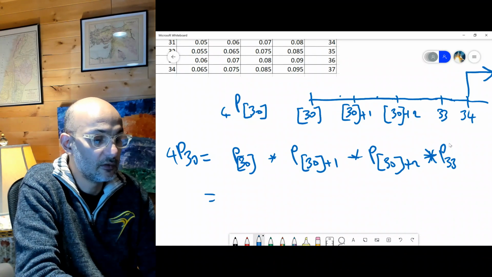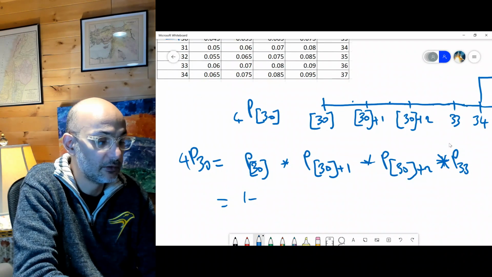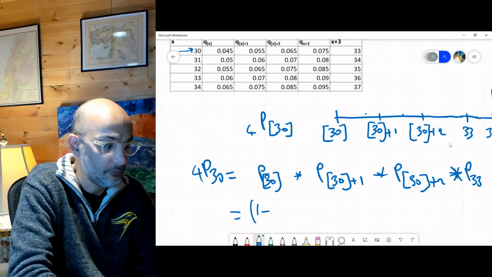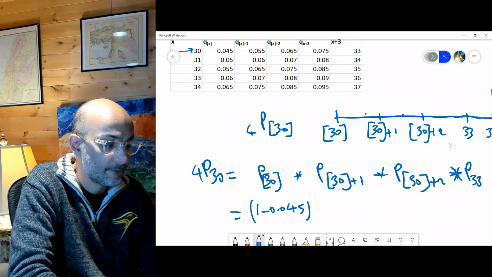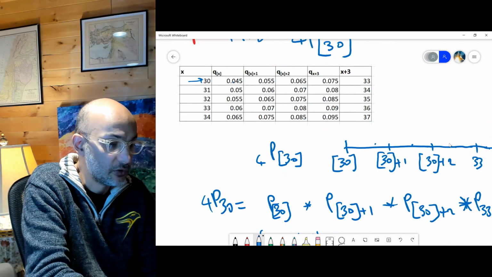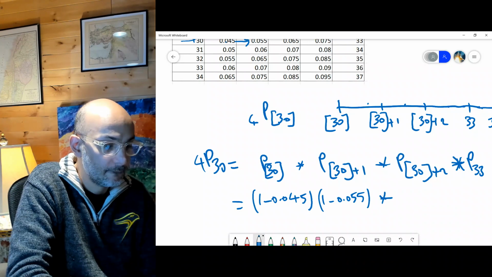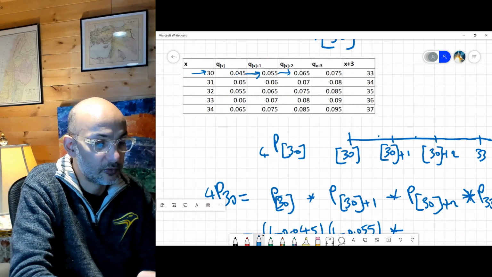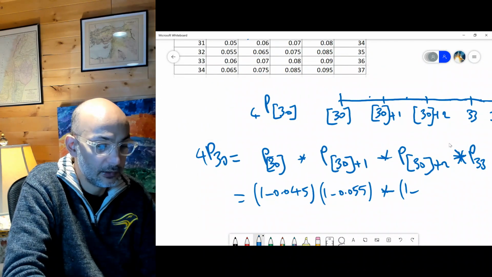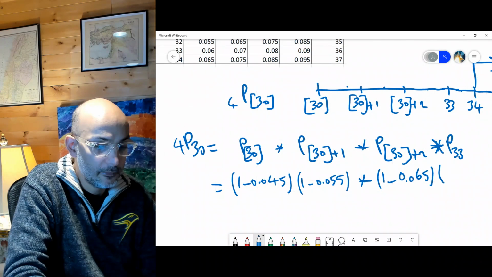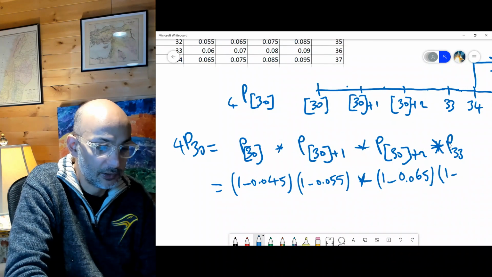So this 4p30 is 1 minus Q30. Let's look at Q30, this one, and we go this way now. X plus 2, 1 minus, and the last one is 1 minus this, multiplication.